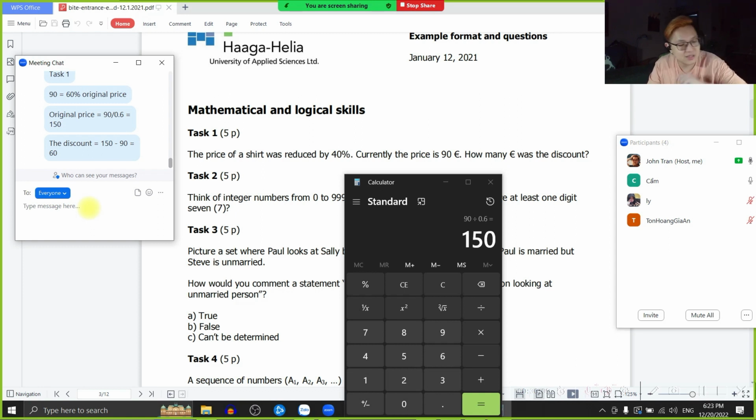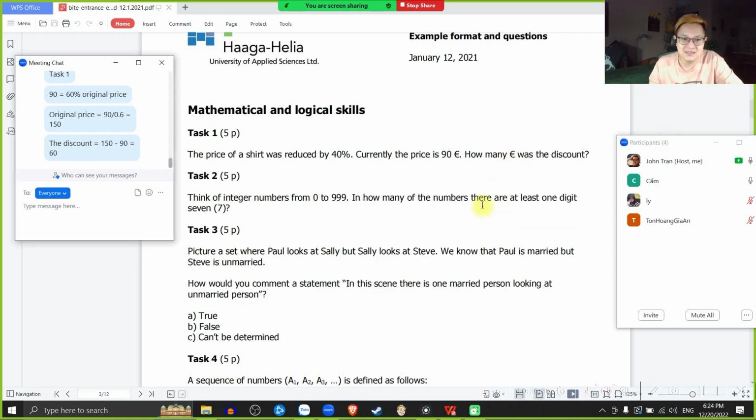Tức là bây giờ mình phải trả 60% của giá gốc. So the price 90 euro is after discount. Cái giá 90 euro là sau khi đã giảm rồi. And they ask the discount how many euro. Họ hỏi là cái discount tương xứng bao nhiêu euro này. Đó, chưa gì đã sai, chết luôn.